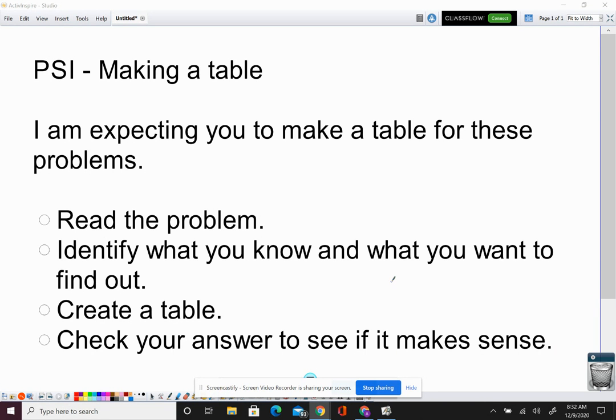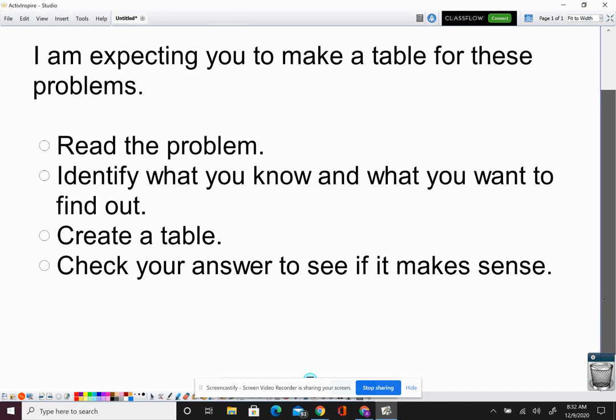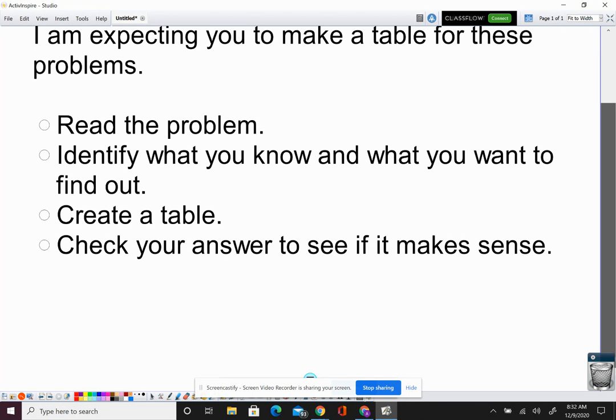So let's start with case one, the mountain bike. It says Hoshi wants to purchase a membership into a bike park. The cost depends on the number of people in the membership. So it costs $55 for 5 people, $65 for 6 people, and $75 for 7 people.